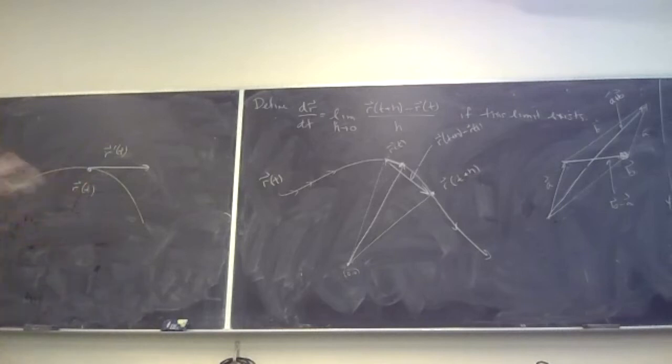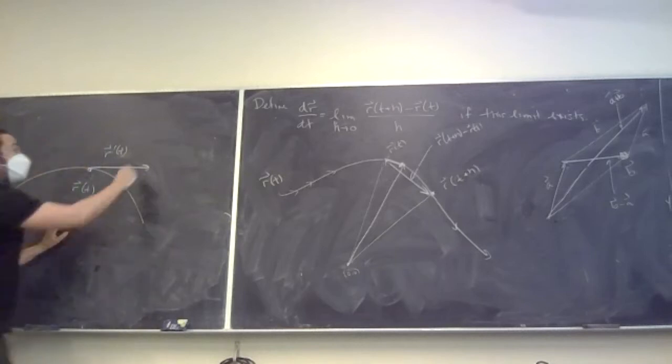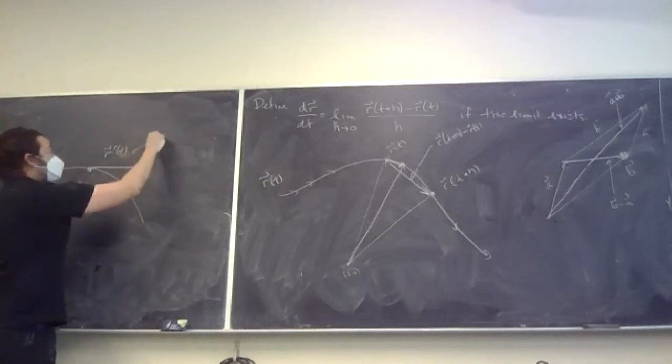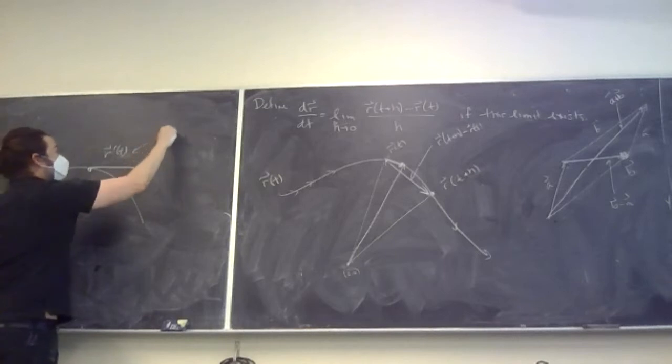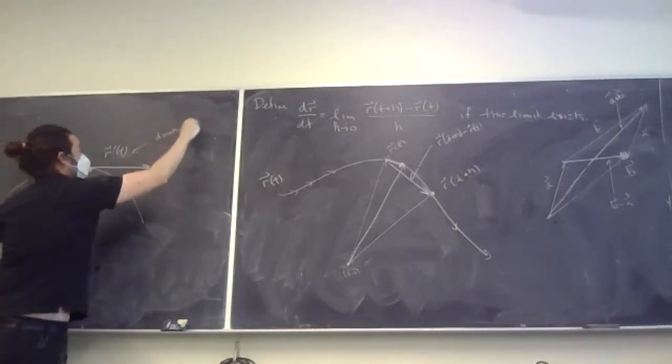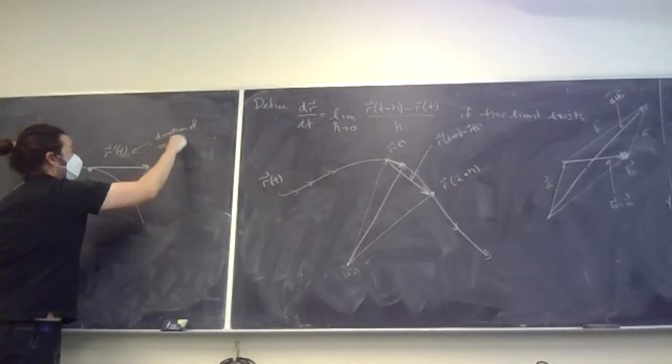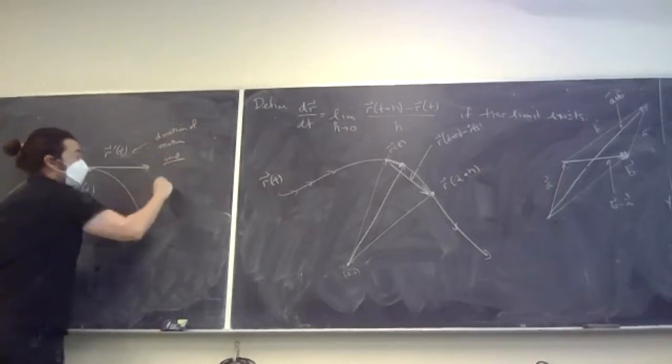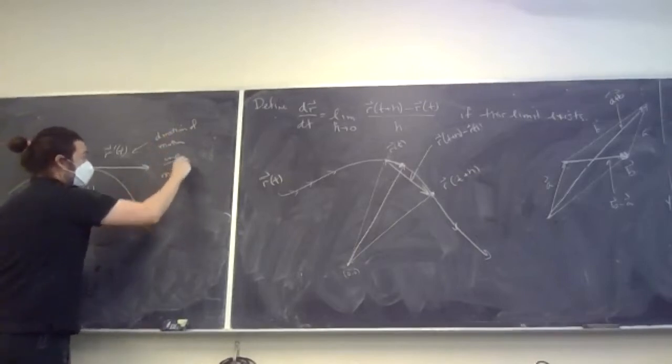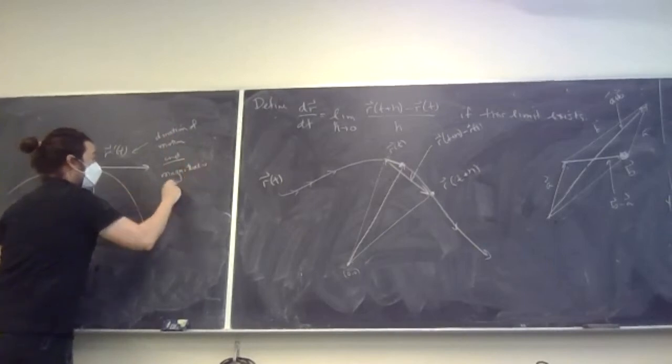The whole point of all of this is that when you calculate the derivative at a particular point, this vector contains both the direction of motion, and its magnitude is the speed.